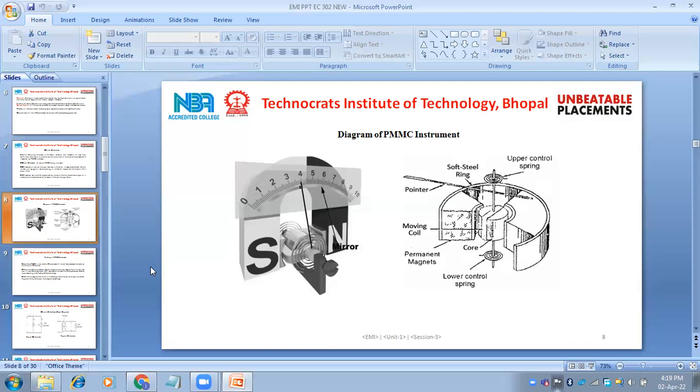When current is applied across the core, some magnetic flux is linked with respect to the core. So a magnetic field is created in the perpendicular direction of the magnetic field. It is measured, and finally we get the measured value across the AC as well as DC current.